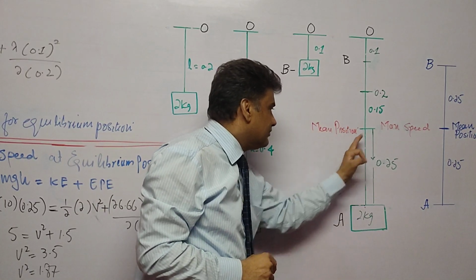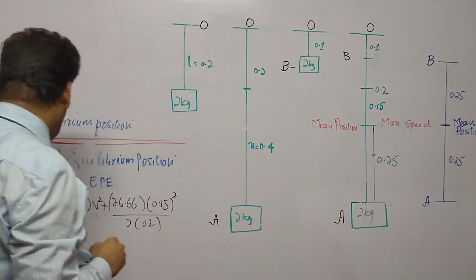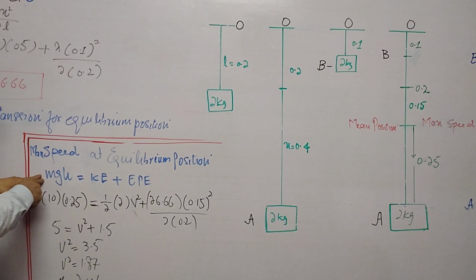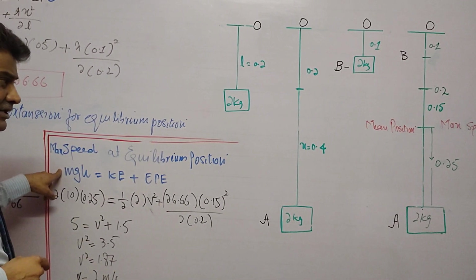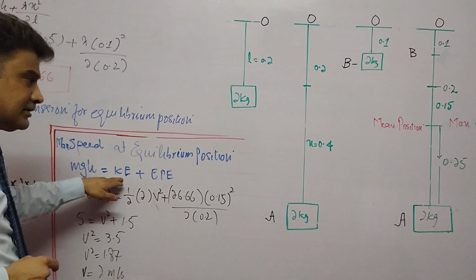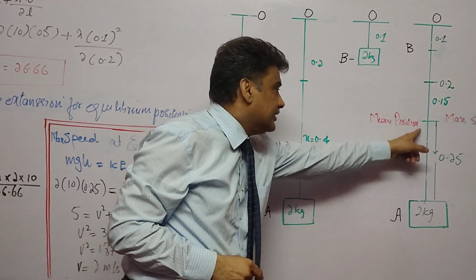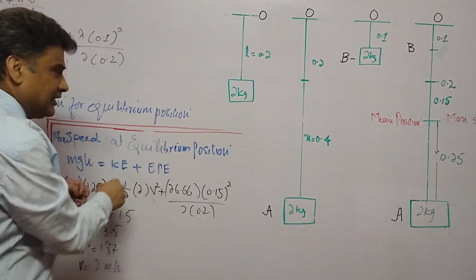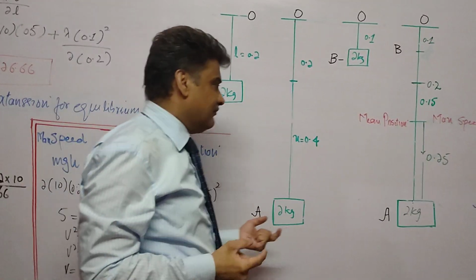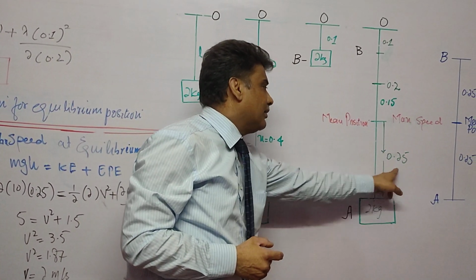its energy will be equal to kinetic energy plus its elastic potential energy. Total energy for equilibrium position: gravitational potential energy equals kinetic energy plus elastic potential energy. For elastic potential energy, we will take the value of extension x, which is 0.15.